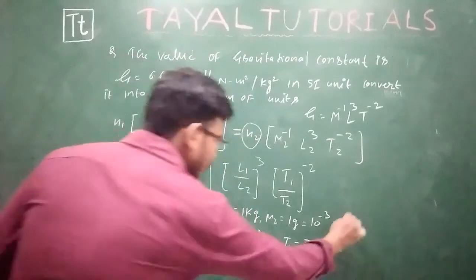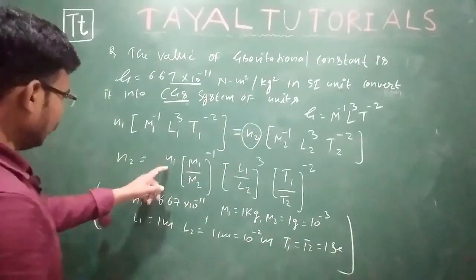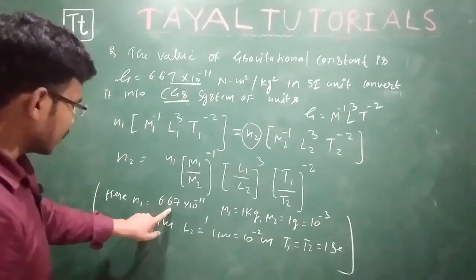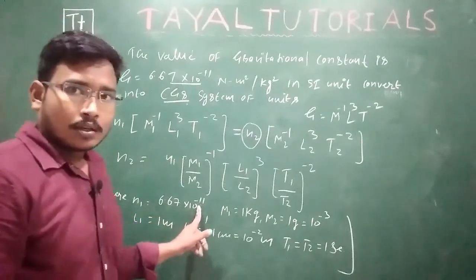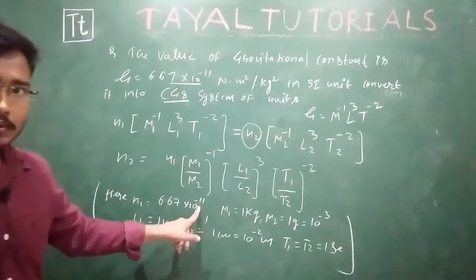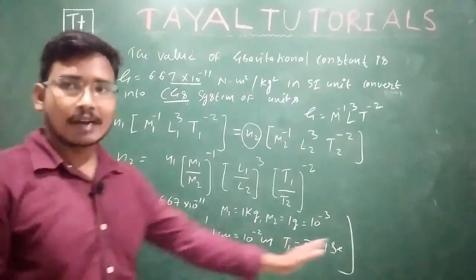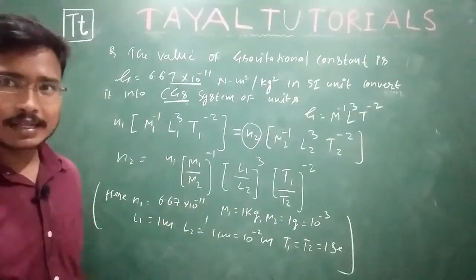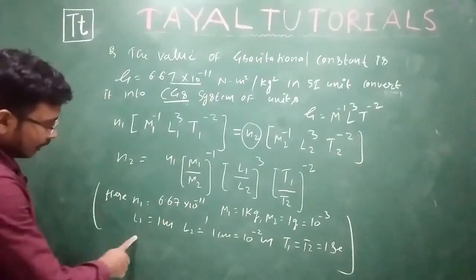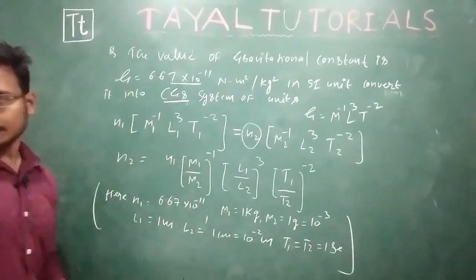These are the values I have to put in. N1 is 6.67 into 10 to the power minus 11. If you forget the power, you can write gravitation in letters and count the letters, which is 11. Put all these values here and you will get the result.